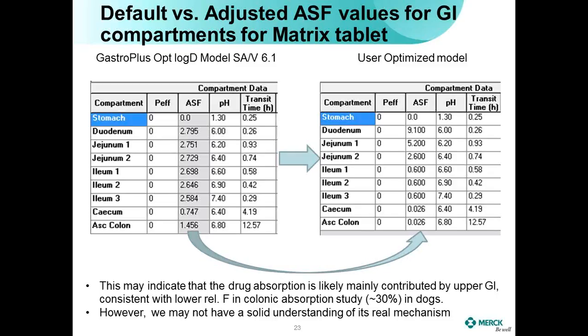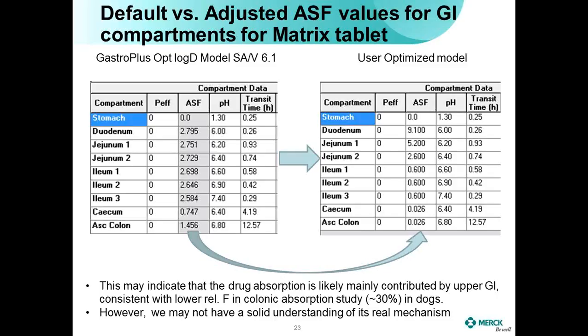This means that the drug absorption is likely mainly contributed by the upper GI, because we have to adjust to higher ASF values to fit the data. And at the lower GI, we are assuming that the drug absorption will be limited, which is also consistent with our colonic absorption study in dogs. We only found that 30% of drug can be absorbed in the colonic area. So that's the way we adjust ASF values.